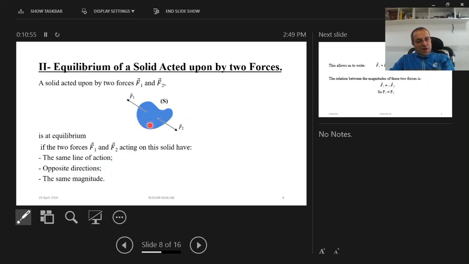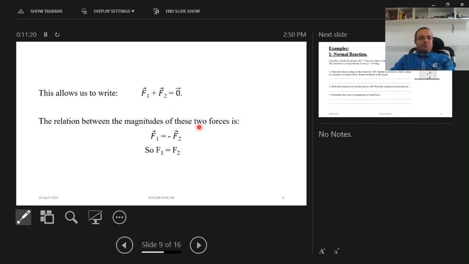So, solid S is in equilibrium under the action of two forces, F1 and F2, such that these two forces have the same line of action, same magnitude, but opposite directions. These two forces, F1 and F2, set the body S in equilibrium.